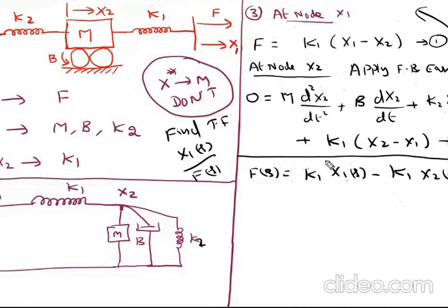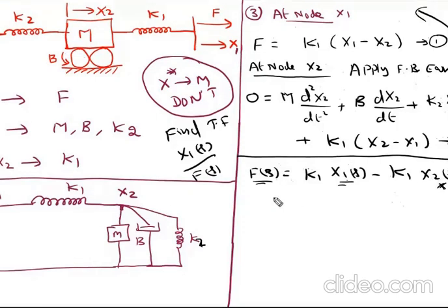If you observe this equation, the aim of this problem is you need to get x1 by f. Left hand side f is there, right hand side x1 is there, which is required, but I don't want this x2 of s. So this x2 in this problem can be considered an unknown variable. How to eliminate this unknown variable? By using the second equation, writing x2 in terms of x1, you will get the final answer.